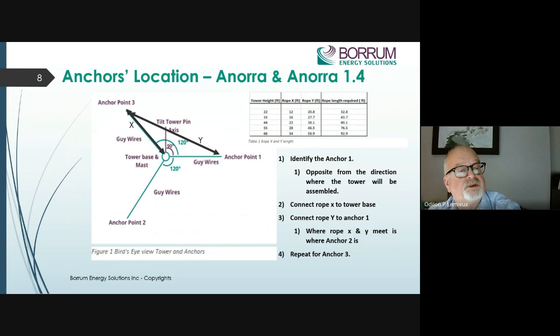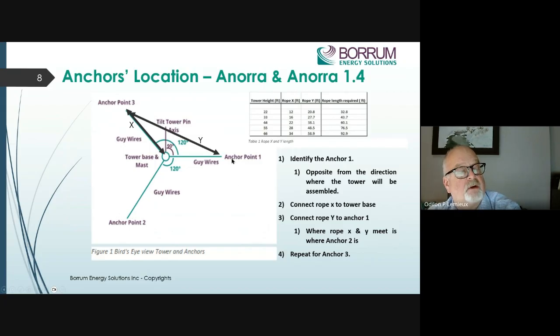So what you do is you cut some ropes. You need two ropes, one of 22 feet and the other one is 38.1. So you cut these two ropes, X and Y. Anchor one is easy because you can measure the distance. Anchor one is always opposite to where the tower is assembled horizontally.